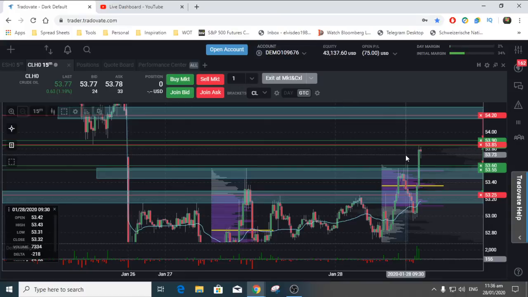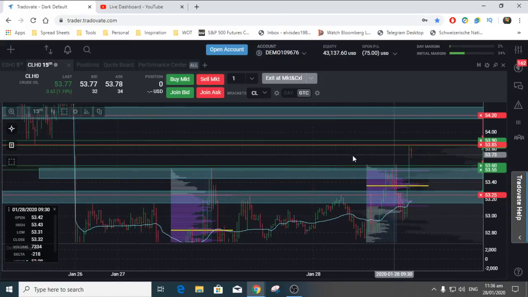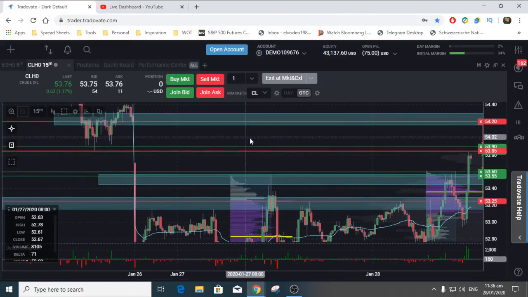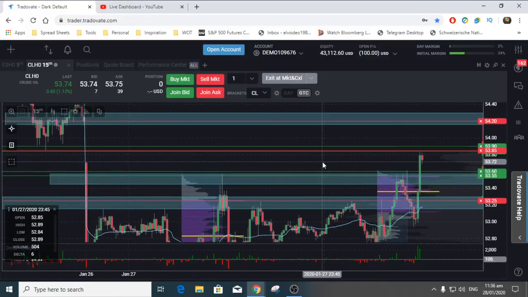It's been there, done that. Highly unlikely that it will work out. Wait for the pullback, then buy into it. There we go.